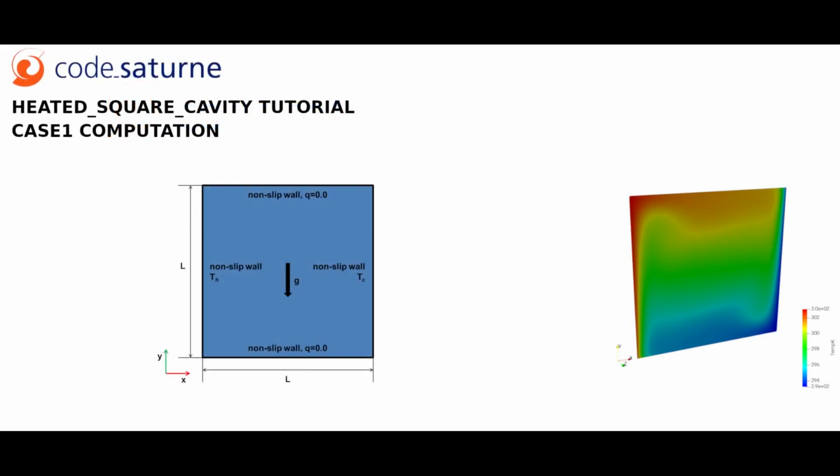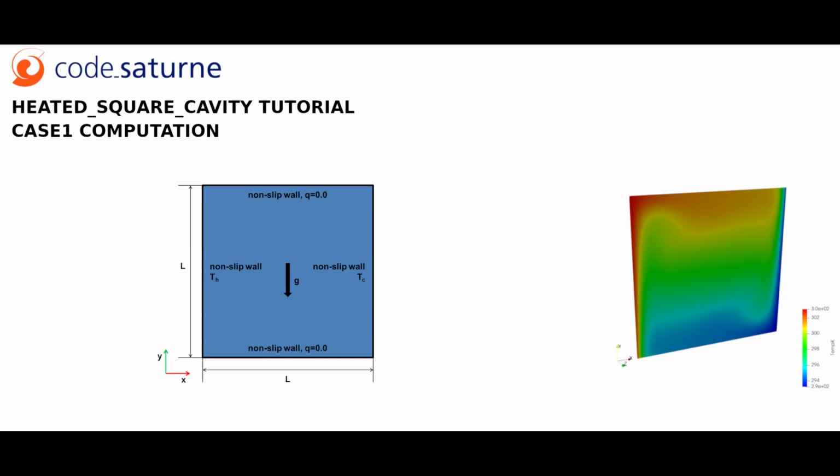In this case, we want to perform a computation referring to the classic natural convection benchmark cases of Duval, Davis, and co-workers. A viscous fluid is contained in a two-dimensional square box. All the walls of the cavity are fixed. The horizontal walls are isolated and adiabatic, and the vertical walls are kept at constant temperature.